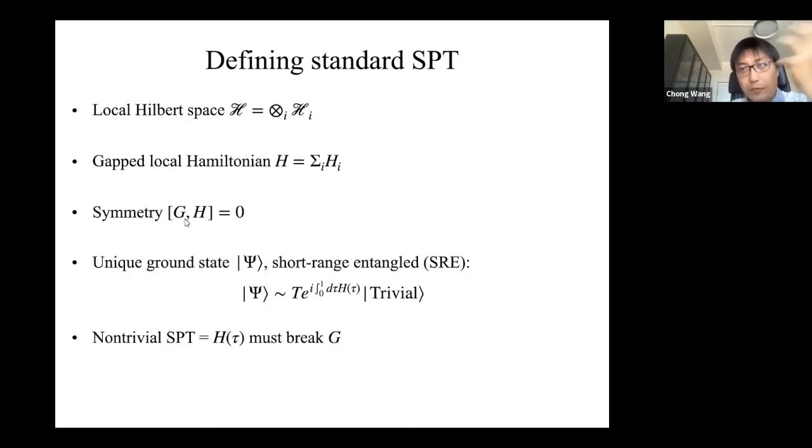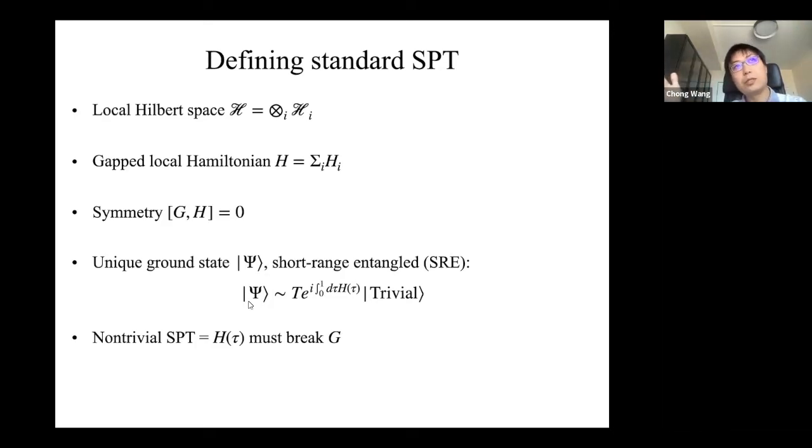The non-trivial thing here is that I demand that this local Hamiltonian has a unique ground state that's gapped. And as a consequence, further, I demand that this state is short-range entangled. In the following sense, that there is an adiabatic path. So there is an adiabatic evolution that takes you from this ground state to a completely trivial state.